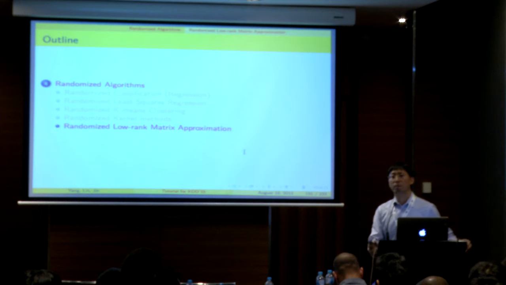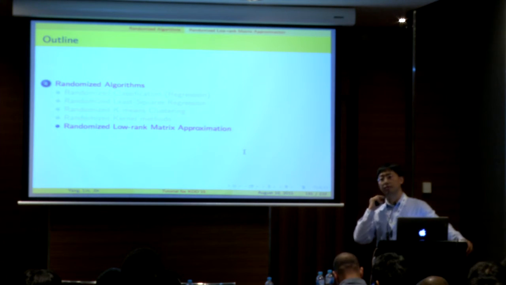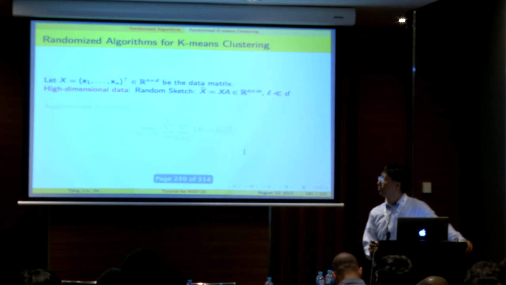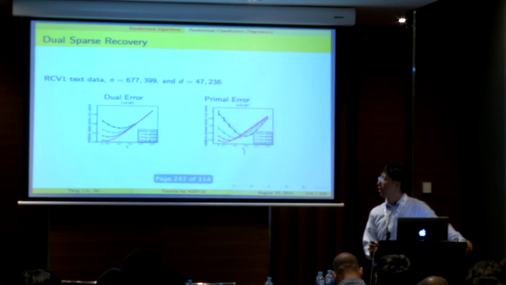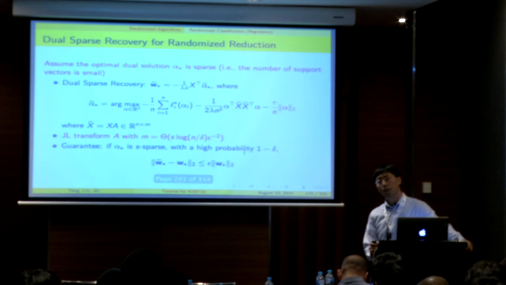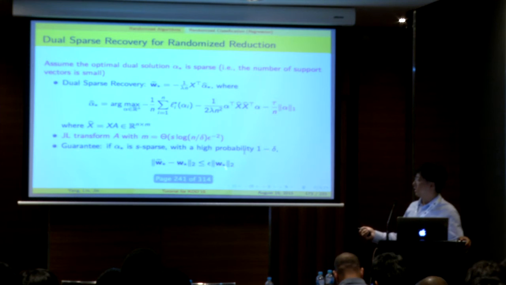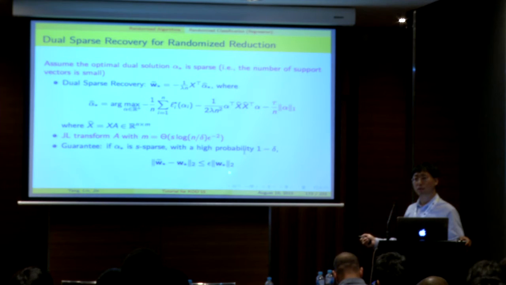You have W hat minus W star, bounded by the norm of W star. What's the interpretation of this? How can we understand this relative error in terms of W star, the epsilon times the L2 norm of W star?